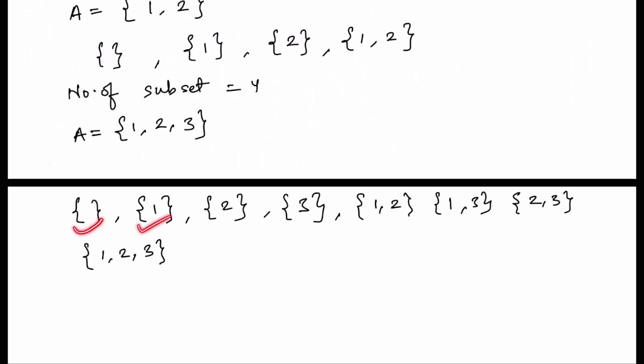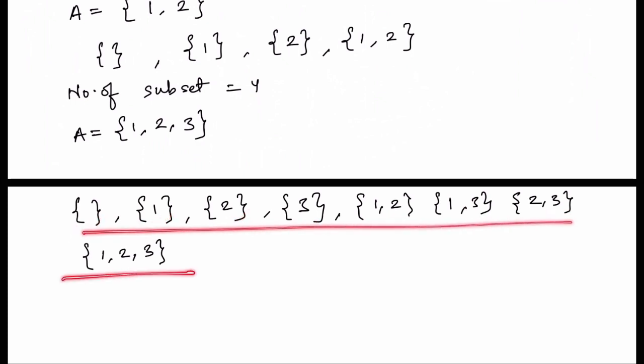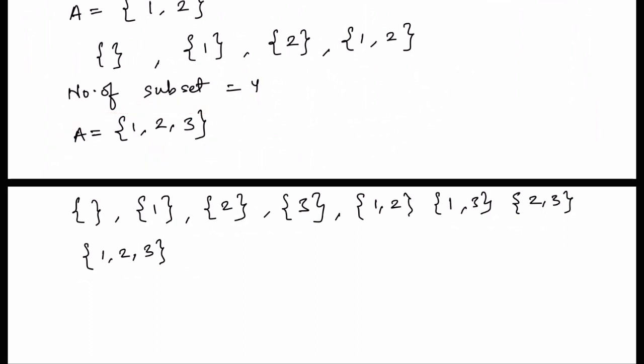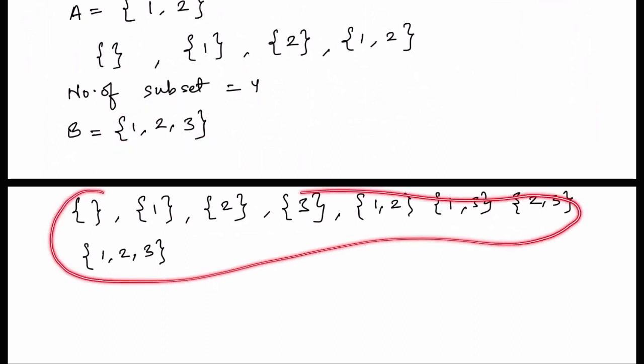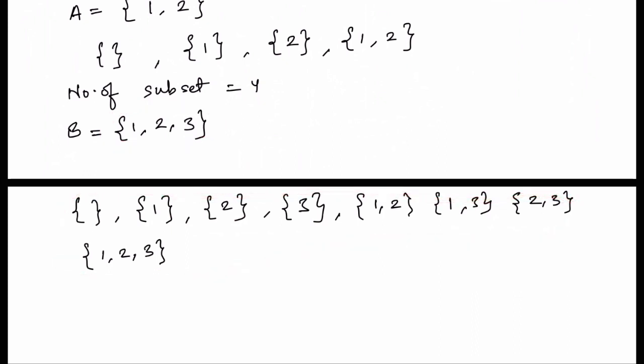This is a set, this is a set, this is a set. These all are sets, okay? And these all are subsets of this specific set that has only three elements. Let me say this is set B. Now, set B has three elements, and these are all possible subsets. No more than this can be subsets.